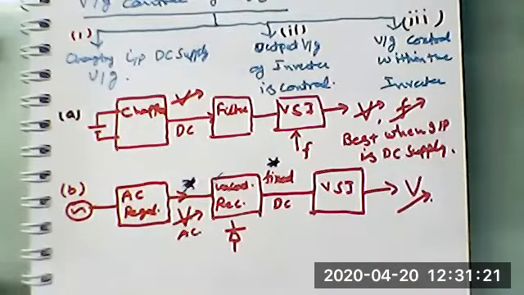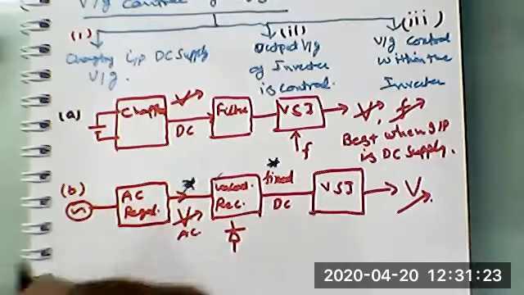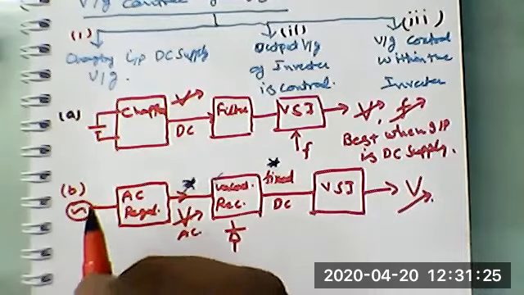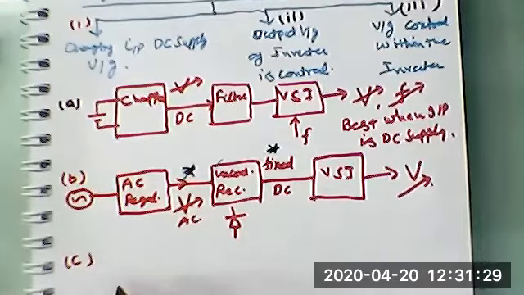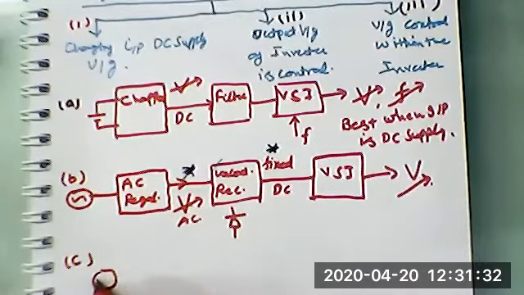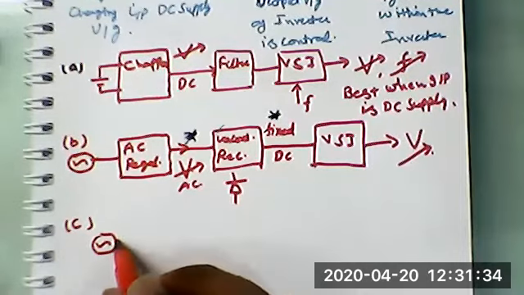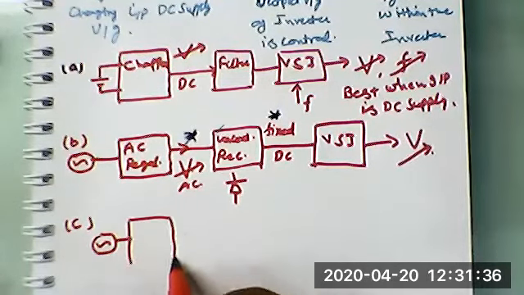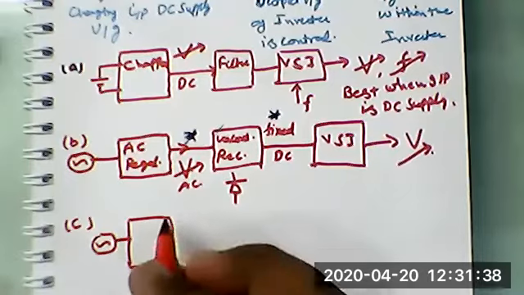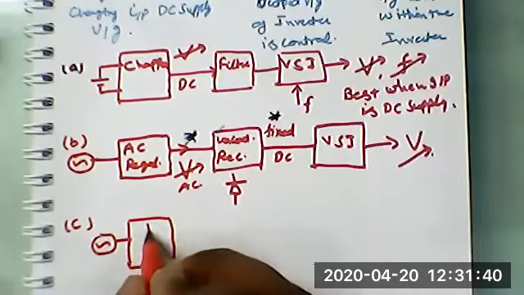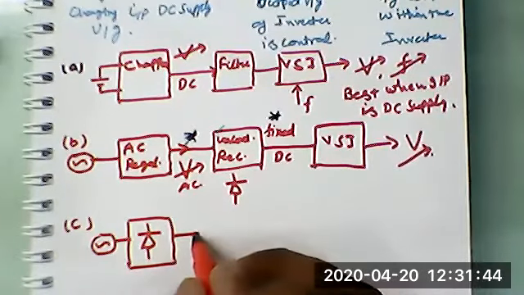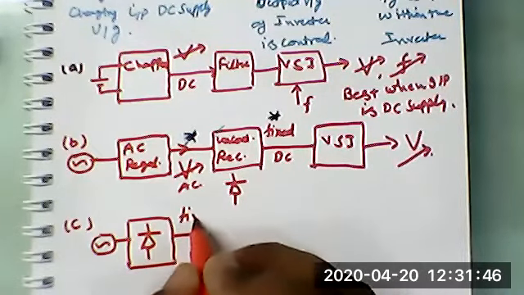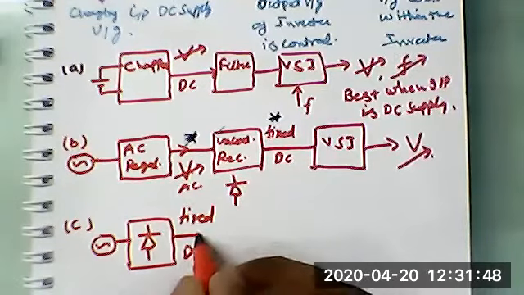Now, you may have this type of situation. You have fixed AC. You want to use an uncontrolled rectifier. Of course you can, so you will have fixed DC.